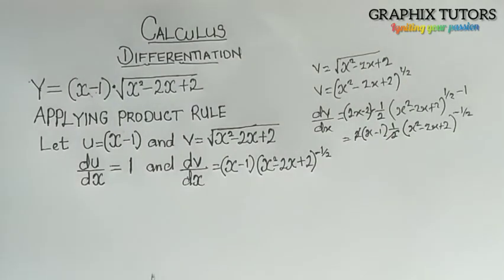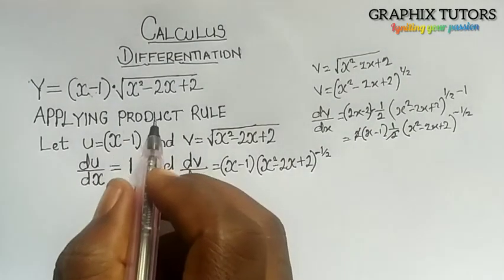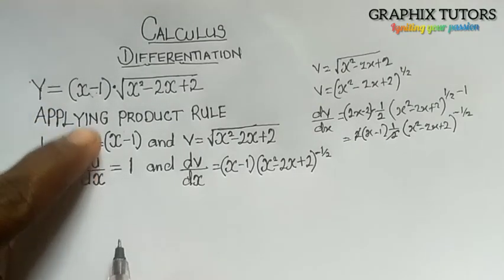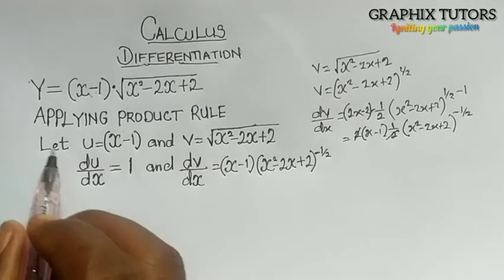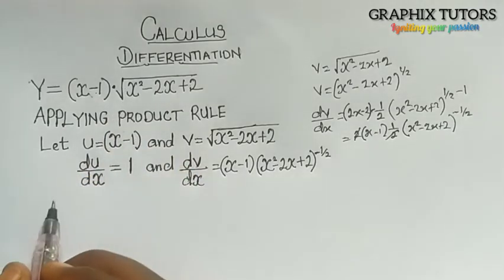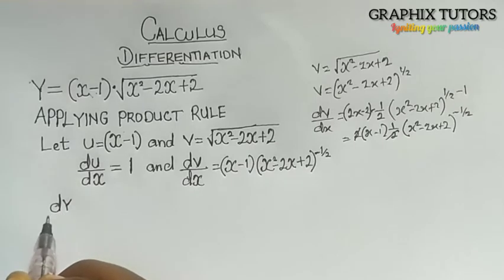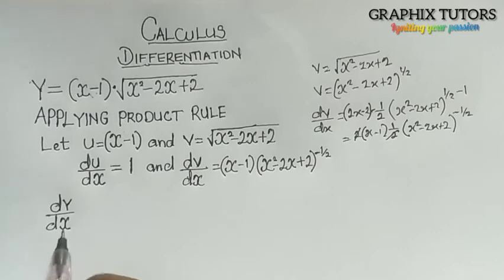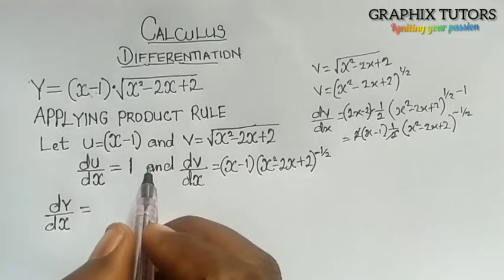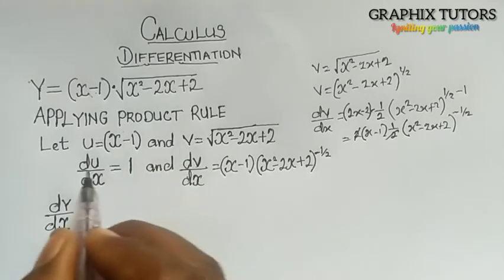Now, since we said we are applying the product rule, with u as this and v as this, to find the differentiation of this function, I'm going to write dy over dx equals the product rule, where we add the differentiation of the two.